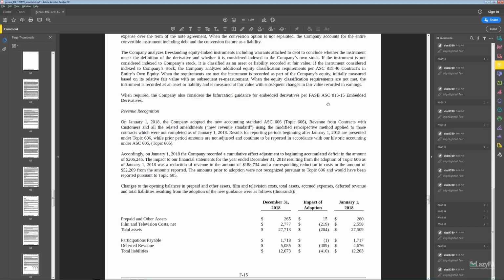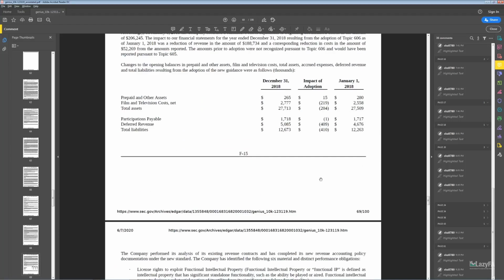And then I always go back and look at the numbers as if they hadn't changed their revenue recognition or whatever policy we're talking about. I always go back and run the numbers as if they hadn't done that, and see what it would look like if you undo that change. Because sometimes companies will use this as a way to cover up underlying problems. So that's always something to watch out for as well.